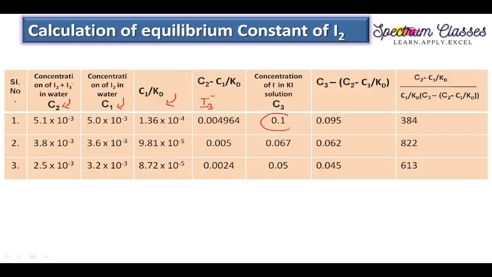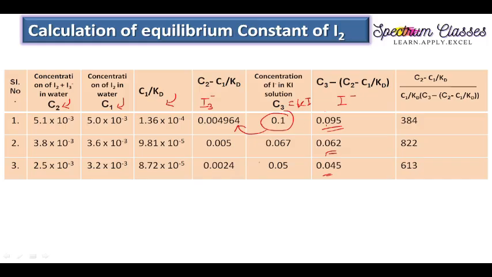Now C3 is known to us, the concentration of KI. Fine. And we are going to subtract this from this C3, and we get this much of value here in this case. And this is the concentration of I minus only.